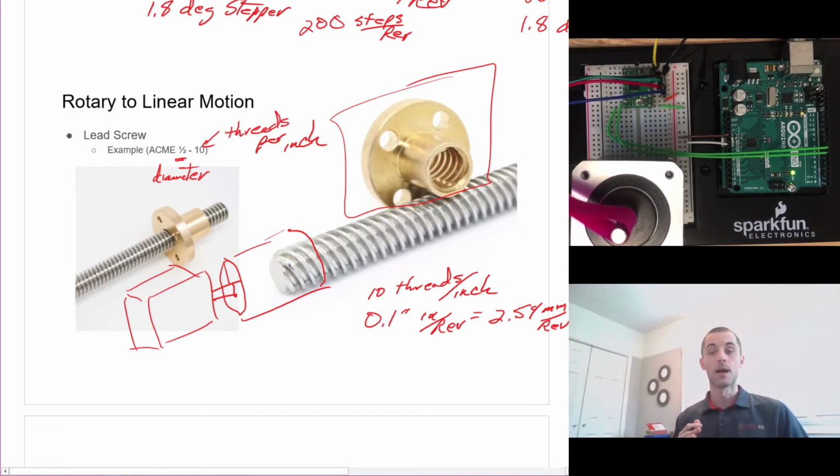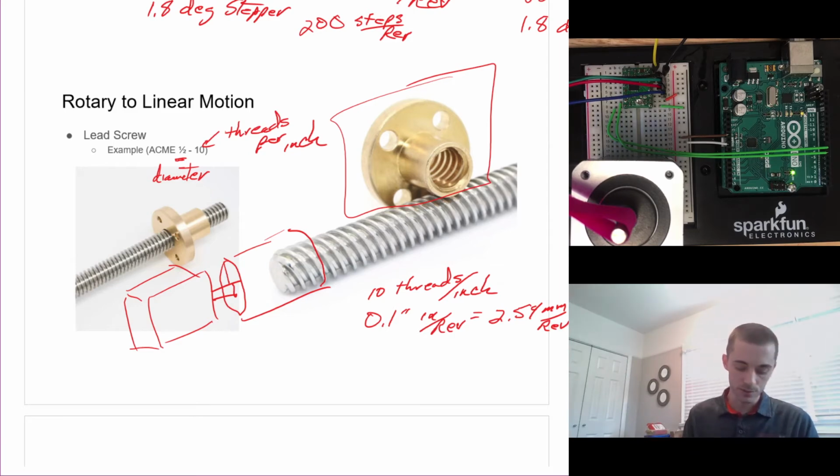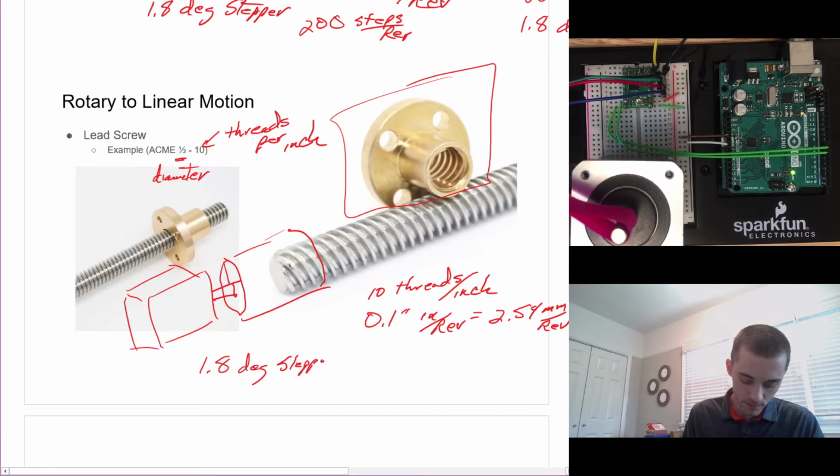And then we can say, well, what's the motor that we're using? Let's use the 1.8 degree stepper again. We've got 200 steps per rev.